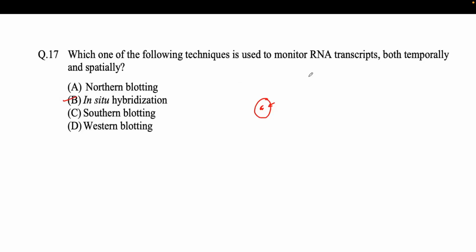When you are talking about protein samples, you have to perform immunohistochemistry or immunofluorescence. The procedure is again the same, but the antibody will go inside your cell. So this is the difference.